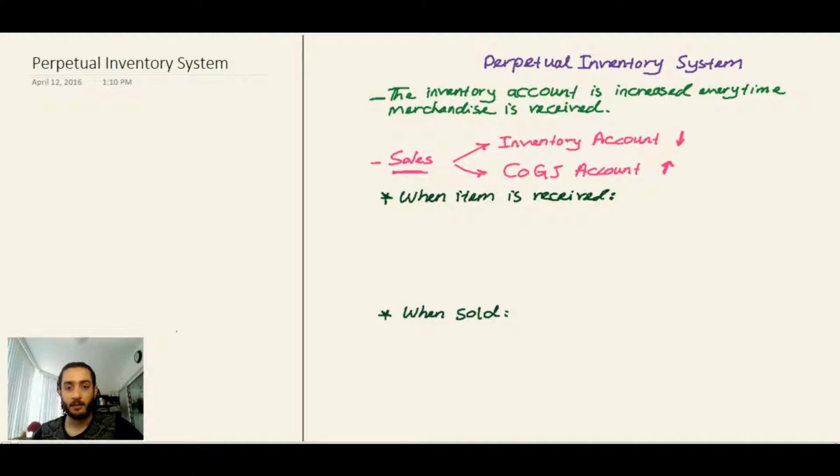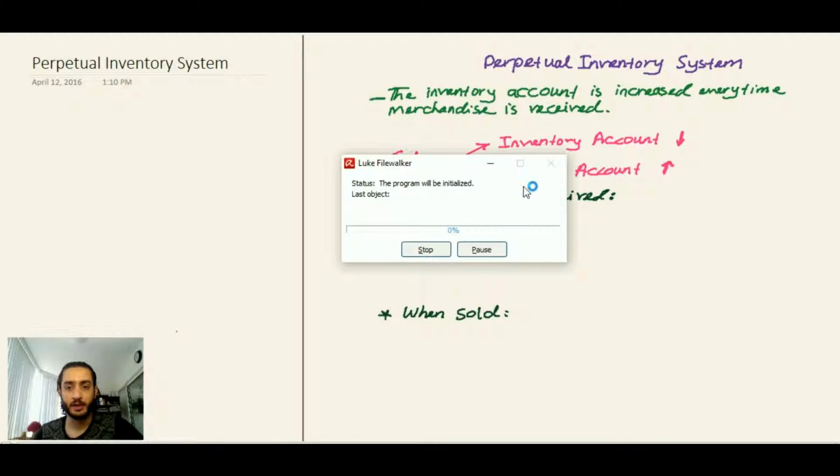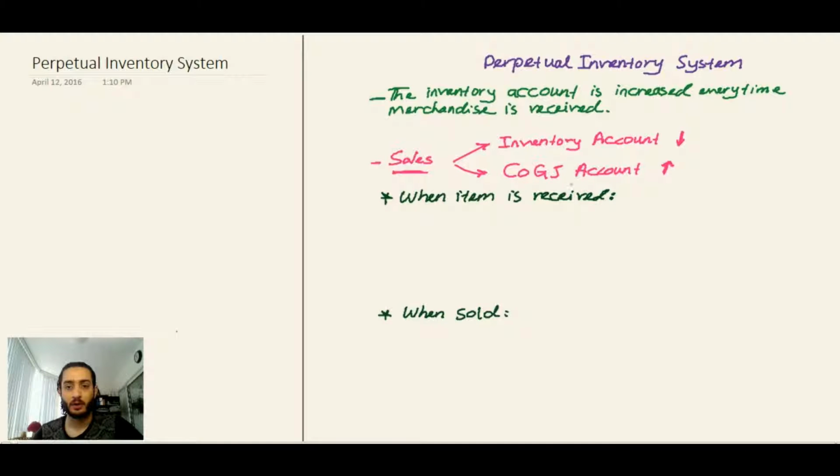And at the time of the sales, two things will happen. The inventory account will decrease and the cost of goods sold account will increase. Let's see in numbers what this means.